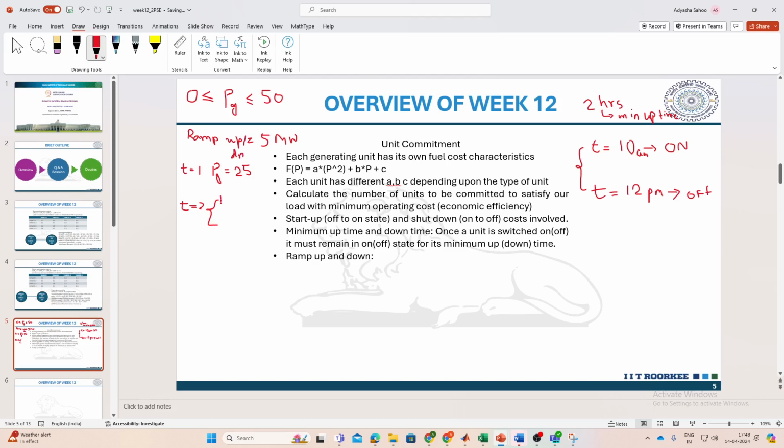So either it can go from 25 up by its ramp up limit, or it can decrease its power from Pg by its ramp down limit.